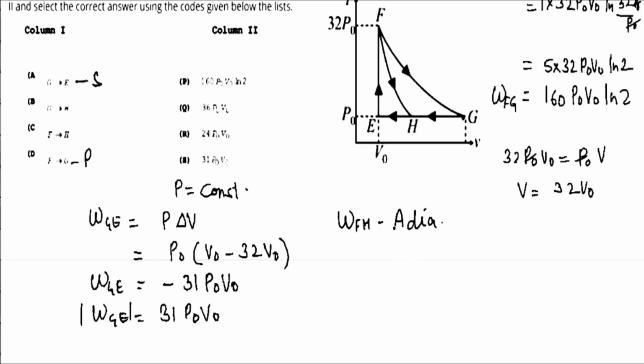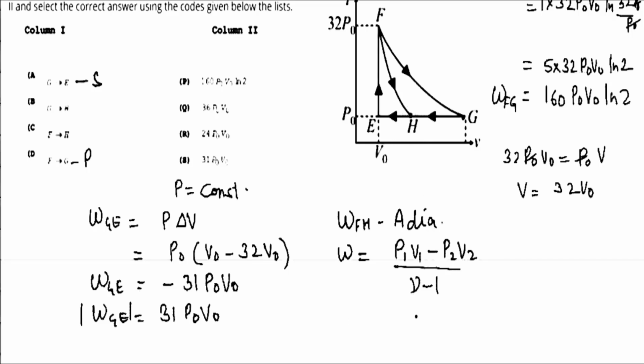So for an adiabatic process, if we apply the formula for work done, this will be simply equal to P1 V1 minus P2 V2 divided by gamma minus 1. Now you can see that we know P1 and P2, and we know V1, but we don't know V2. So first we need to find out V2, that is, what is the volume here.